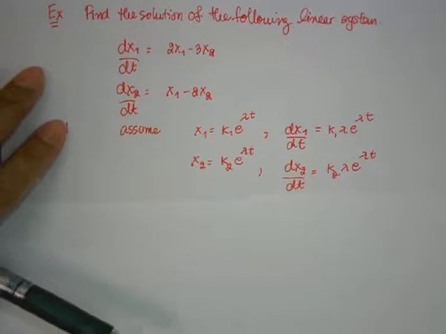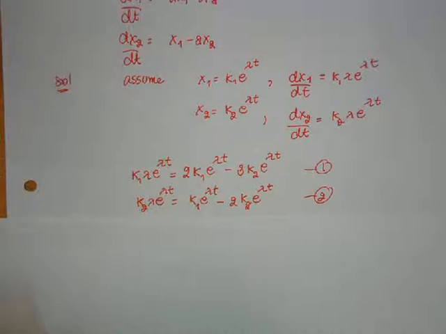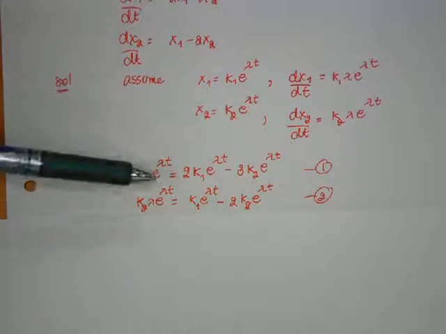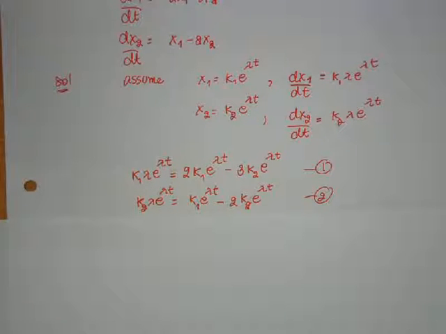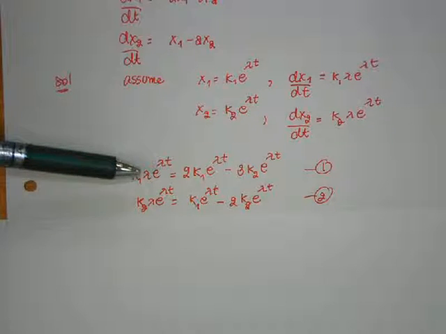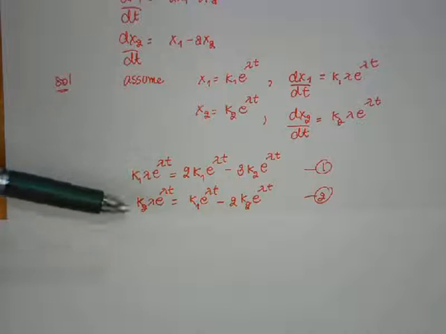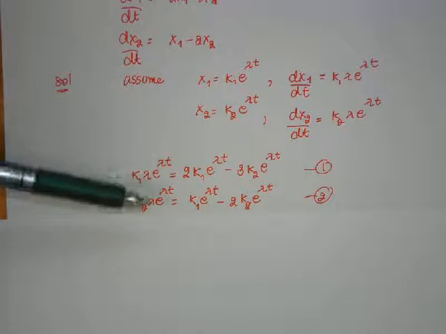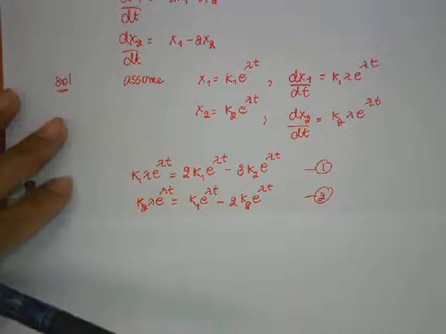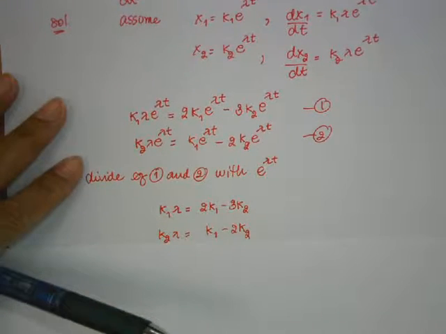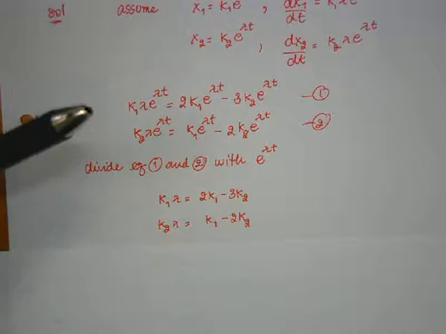By plugging that in, we would get the first and the second equation. You would see that in both equation 1 and 2, we have the term exponential of lambda t in every term. So I will divide equation 1 and equation 2 by exponential of lambda t. By doing that, we get these two equations.